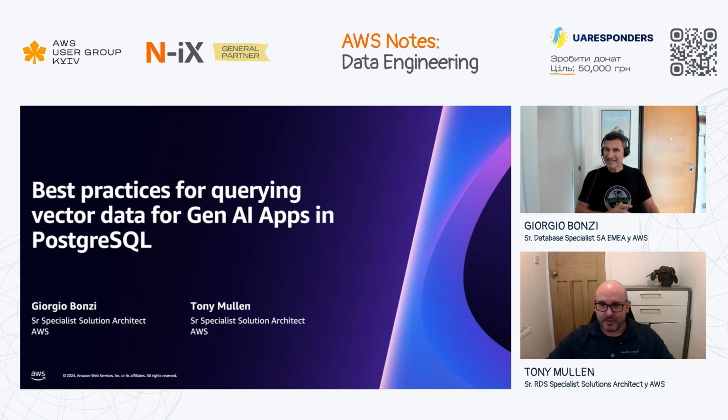We are part of the same EMEA team, but we are located at opposite sides of EMEA, because Tony is based in the UK and I'm based in Italy, in Milan. And probably you will recognize it also from our accents, because they are not exactly the same. But Tony, please quickly introduce yourself and let's kick off the session. We will see you later in the second half.